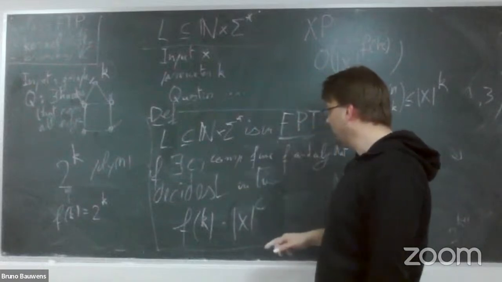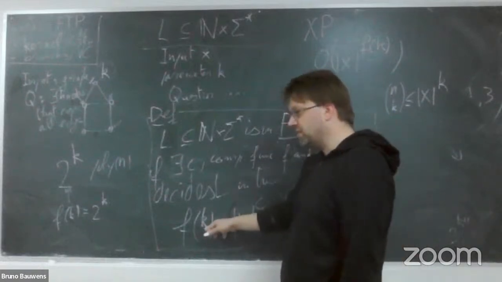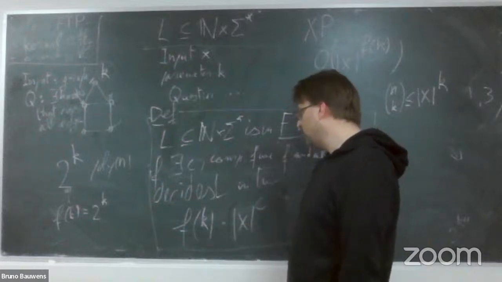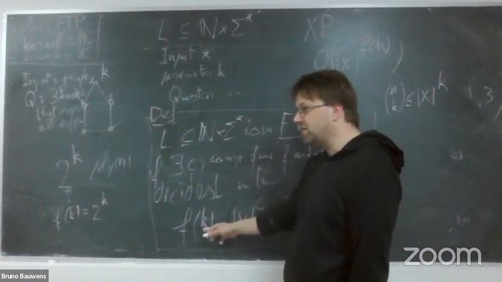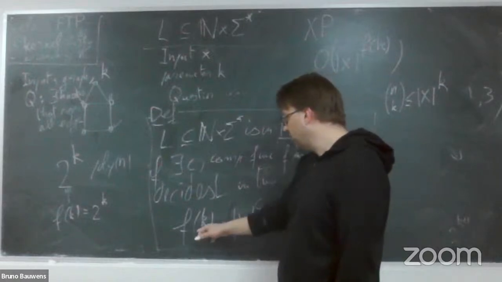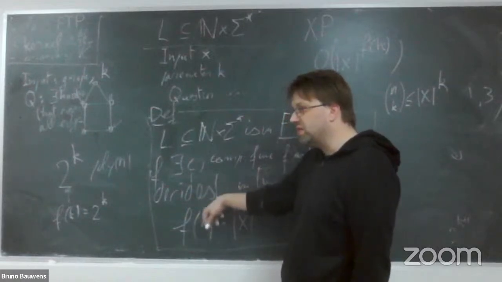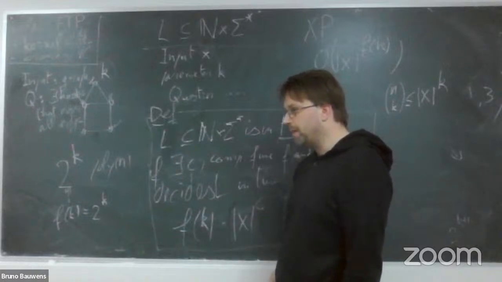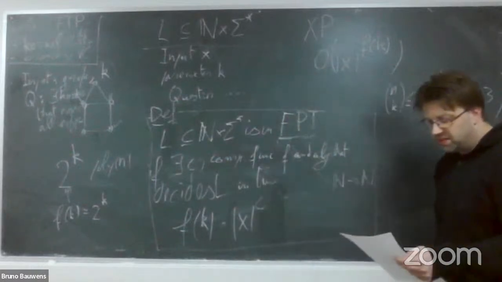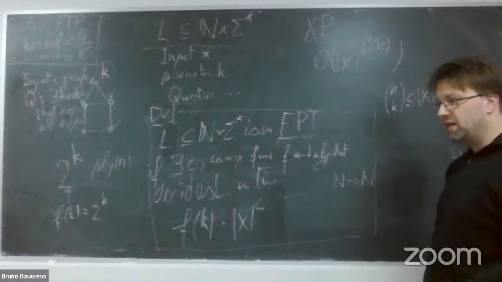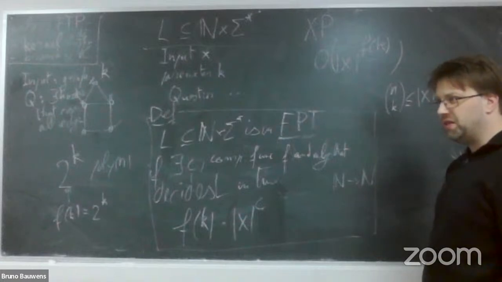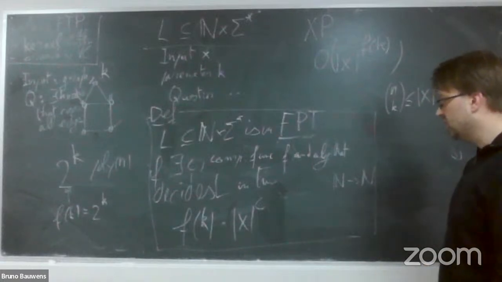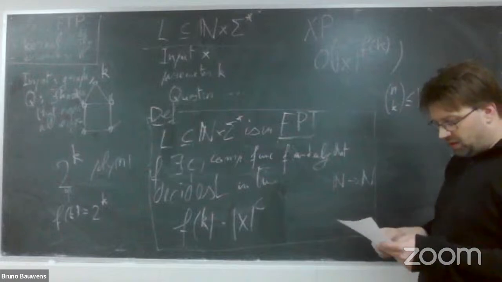If you have two parameters, k and alpha, for example, then there are two ways to define it. You allow f to depend on two parameters, or you have f with one parameter and you apply it to the sum of the parameters. An example is clique with maximum degree as the parameter. That's a good example. So this is also FPT.